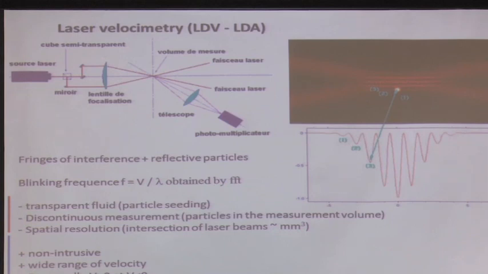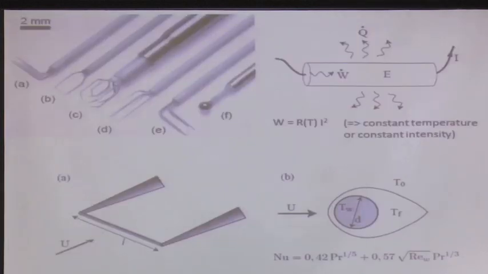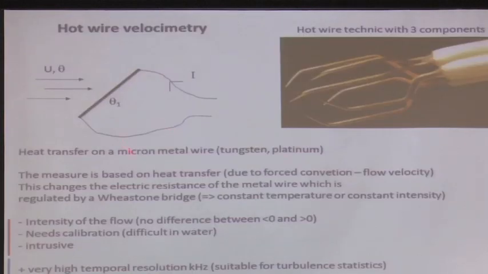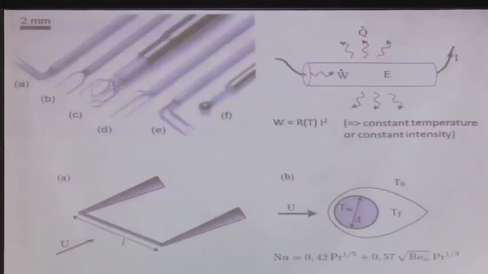You must use it only with transparent fluid, because you need to shine it with a laser, and you need a camera to see these very small fringes. Compared to that, the hot wire can be used even if you don't see what is happening in the flow. So for opaque fluid, you can use the hot wire.